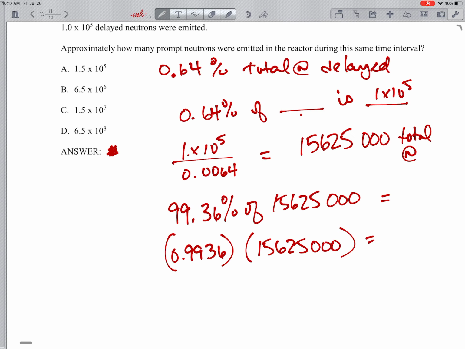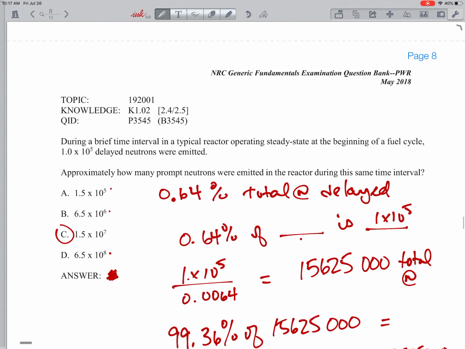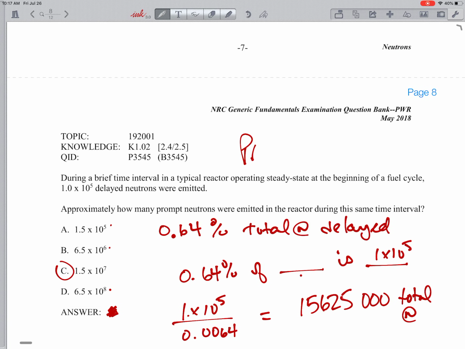So just multiply that times 0.9936, and that's going to be 15,525,000. That is 1.56 times 10 to the 7th, or 1.5 times 10 to the 7th. And this, of course, is a proportional question.